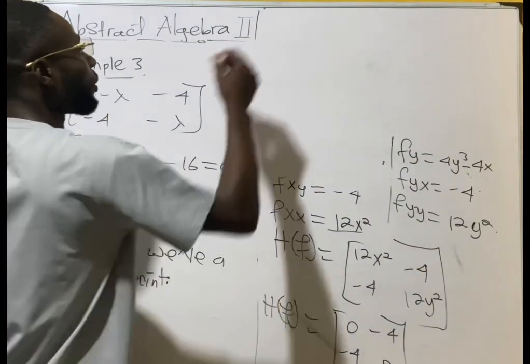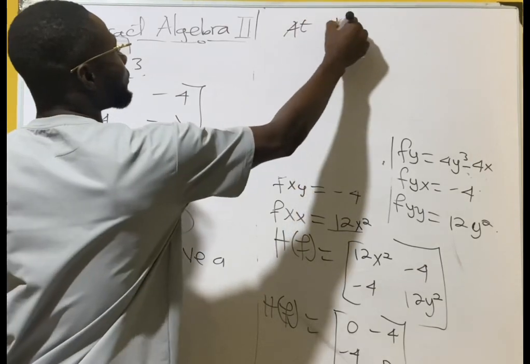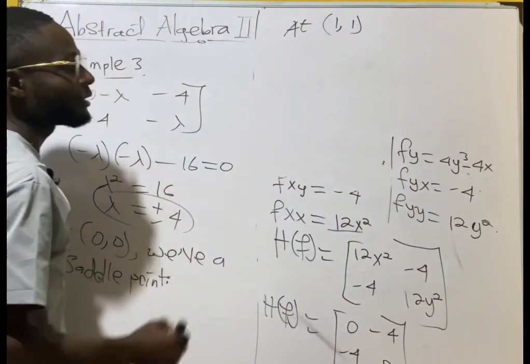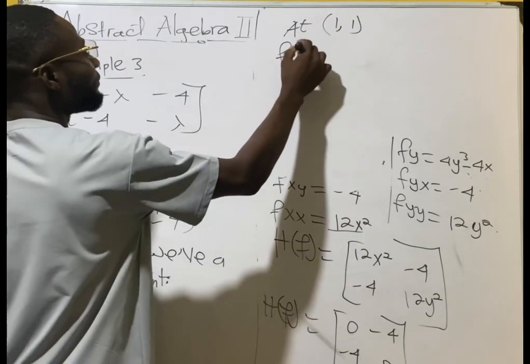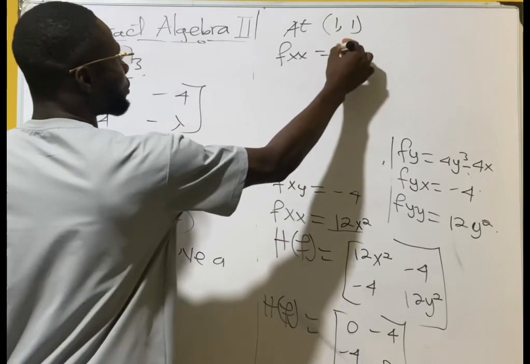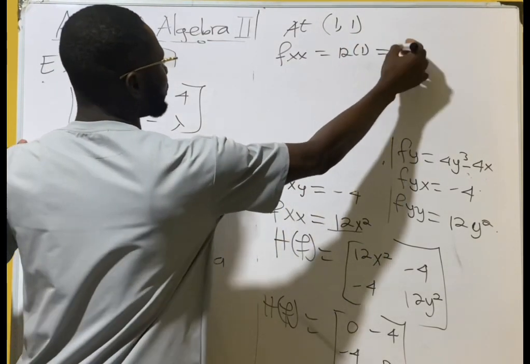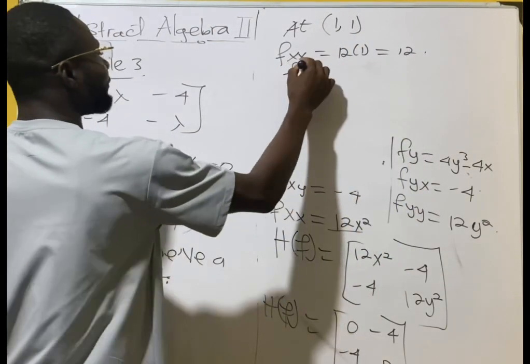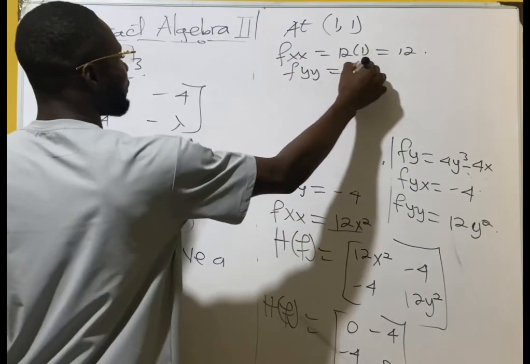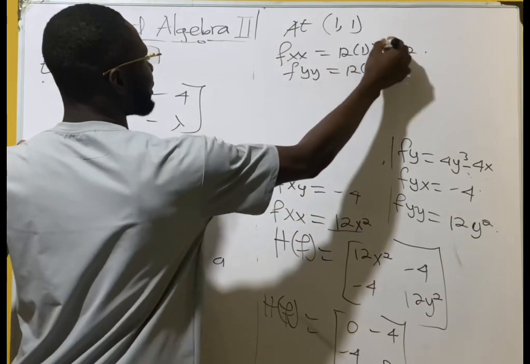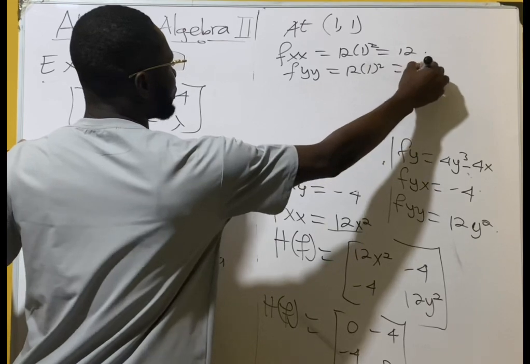At (1, 1), fxx will be equal to 12 times 1, which is 12. fyy will be equal to 12 times 1 squared, which is 12.